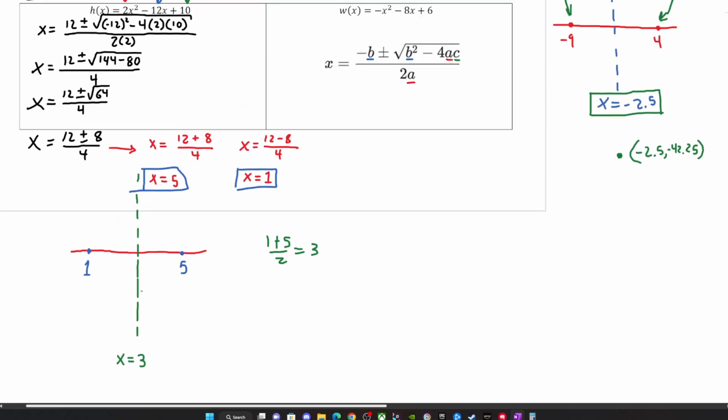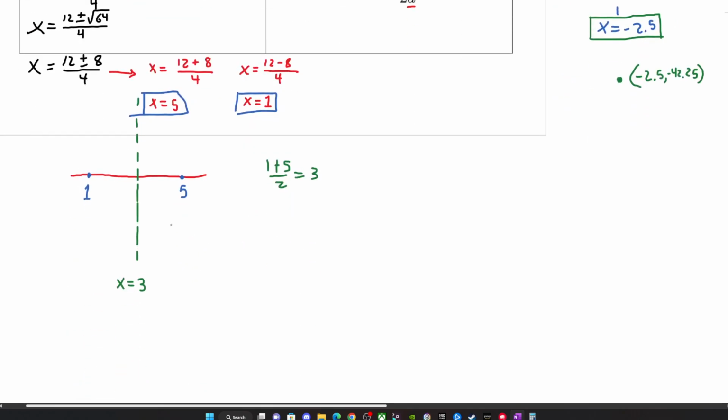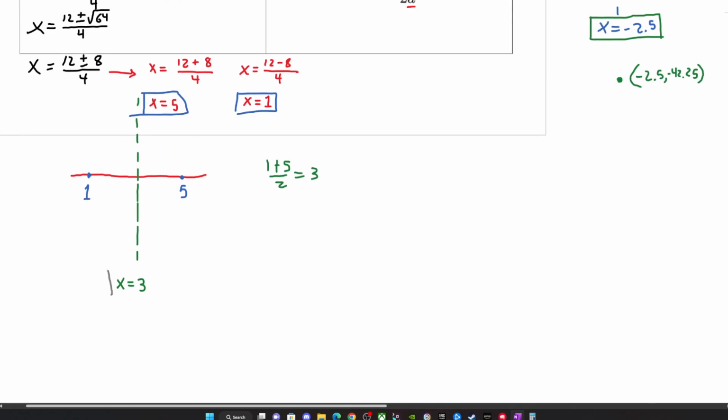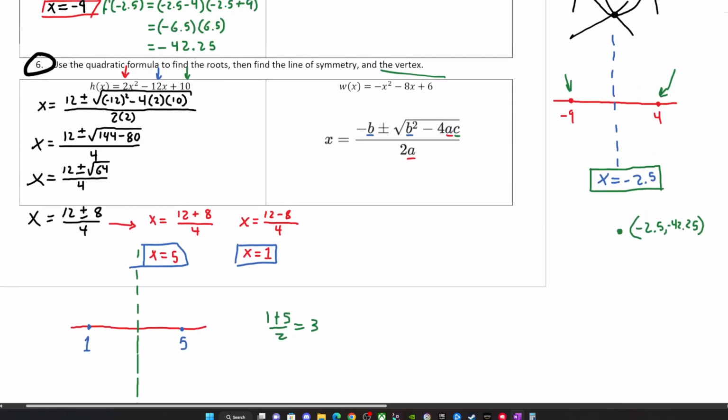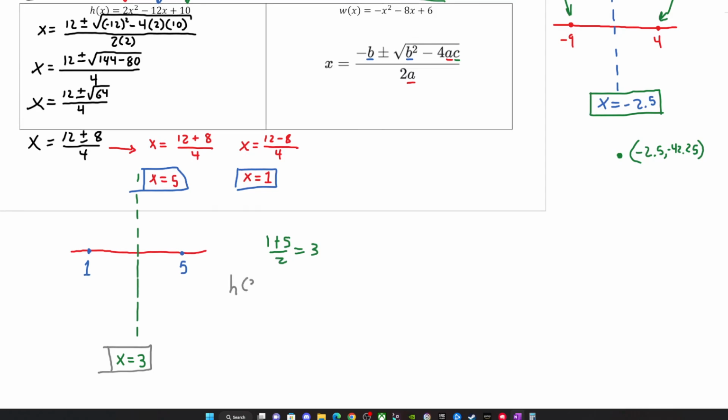Now, to find out where on the line of symmetry we have the vertex, because that's the other thing we want to find, we just need to take this x value and plug it into the function h of x. So now we will have h of 3.